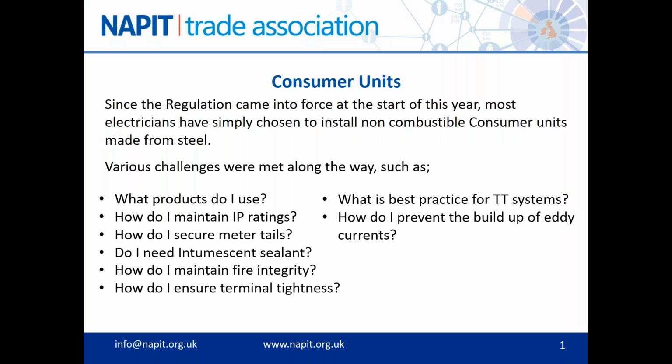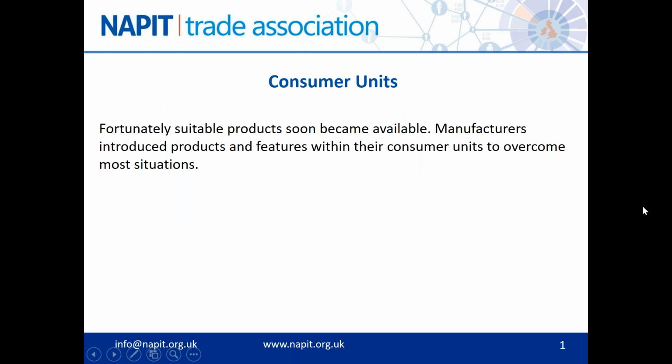I come from a generation where torque screwdrivers weren't used a lot, and we were always taught that terminals have to be tight, although terminals this day and age can unfortunately be over tight, and you can damage the threads, leading to breakdown of equipment, and therefore the fires that we're unfortunately getting. So it's just a case of make sure it's tight but not over tight. You just have to keep checking.